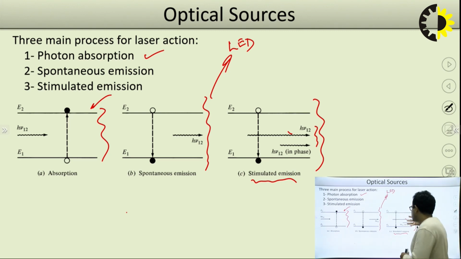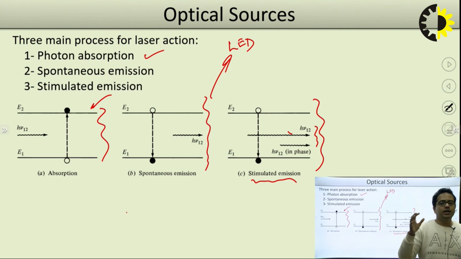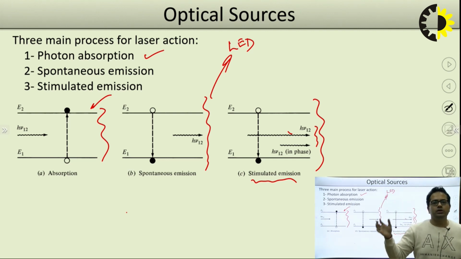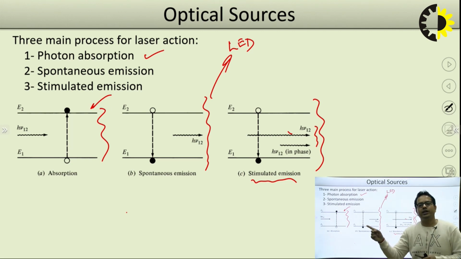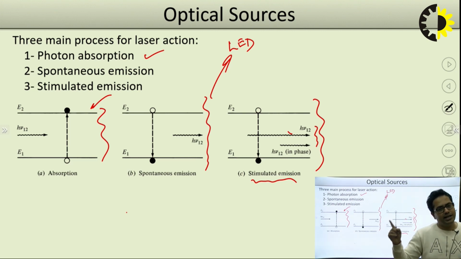So when these two photons add up, if we make a structure in which we provide two mirrors at both ends of a material, then while the photon is emitted, it will strike one face of the mirror and move back.